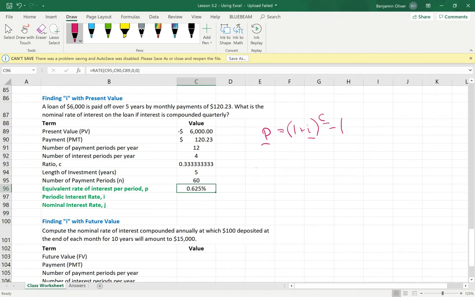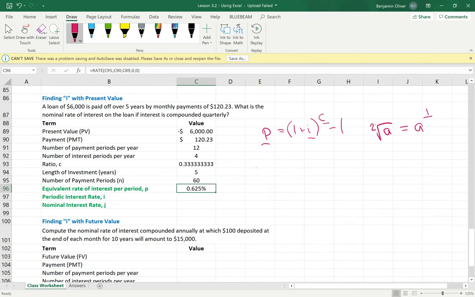So if you remember, if we're trying to get rid of something that's sitting up here as an exponent, there's 2 ways. The easiest way is actually to use the root. So if you remember, a square root of something, A, is actually equal to A to the exponent 1 divided by whatever order this root is.